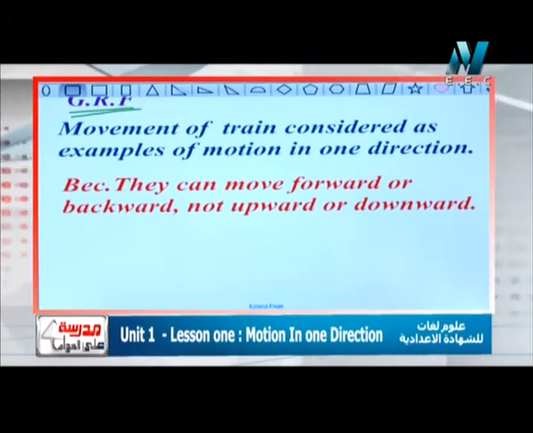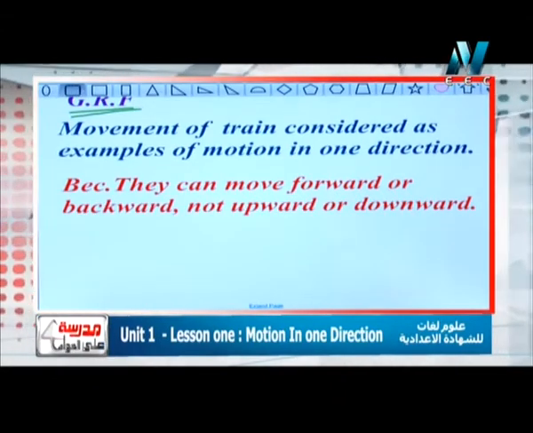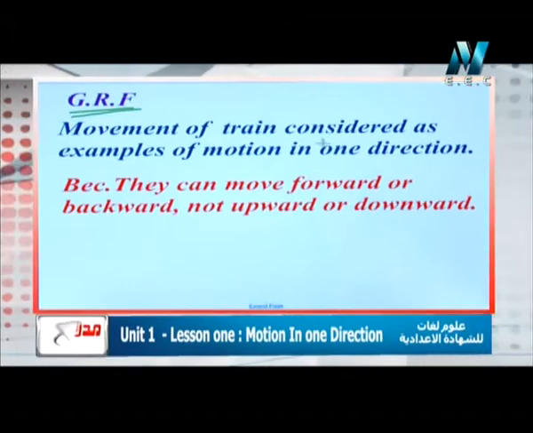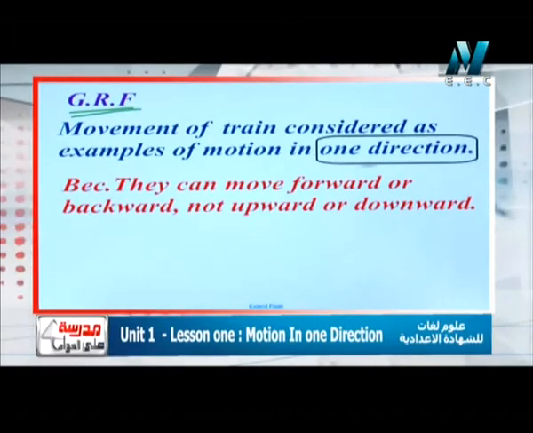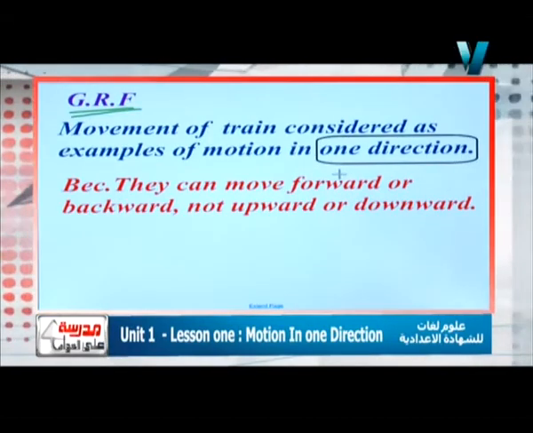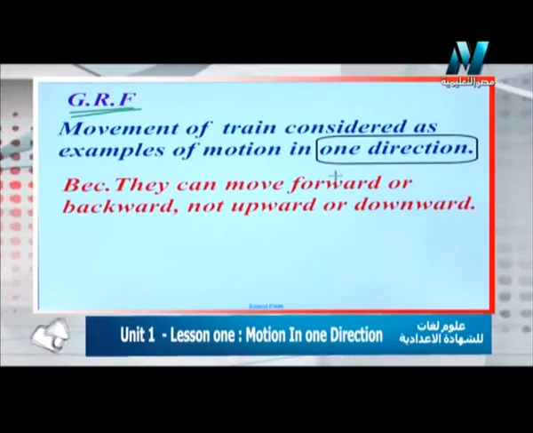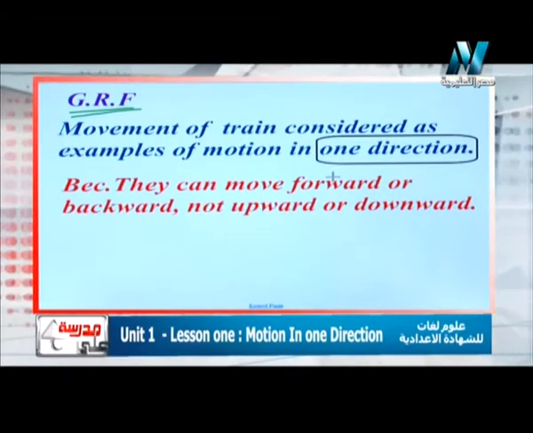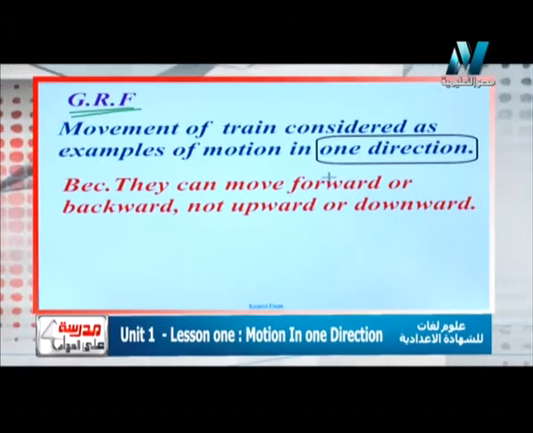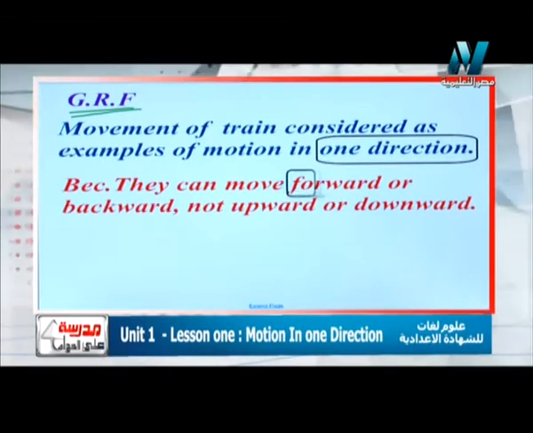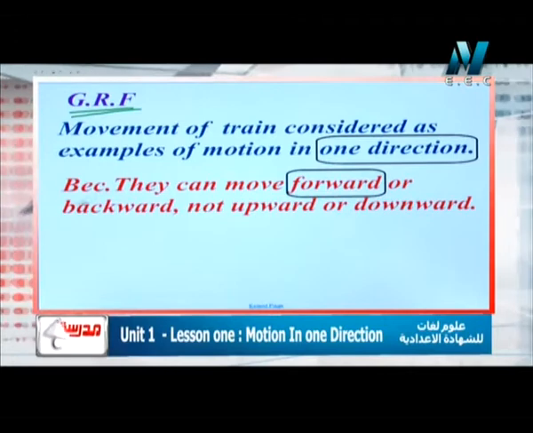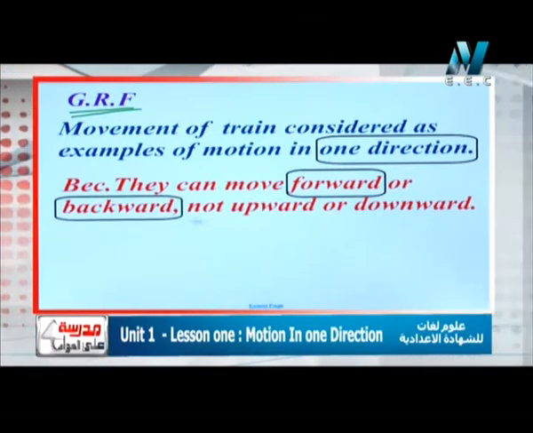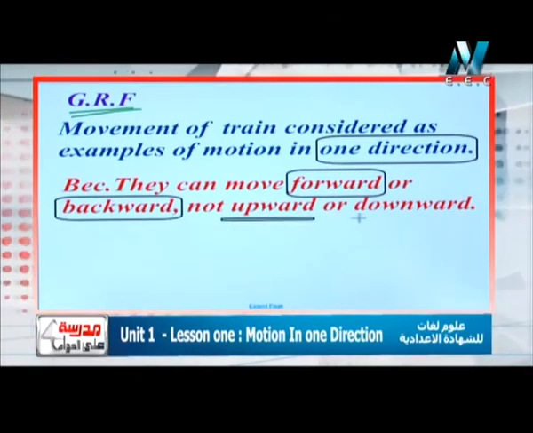So if we have any question about motion in one direction here، جسم بيتحرك في اتجاه واحد، اقول له اصله بيتحرك لقدام والورا بس، ما بيطلعش لفوق او ينزل لتحت. يعني the train has 2 directions only، forward or backward, not upward or downward.